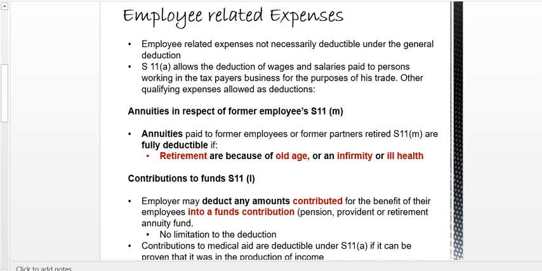The first one is any annuities in respect of former employees, section 11M. Any annuity paid to former employees or former partners in terms of Section 11 is fully deductible if these former employees or partners retired because of old age, infirmity, or ill health. So those are the requirements for you to allow an annuity.